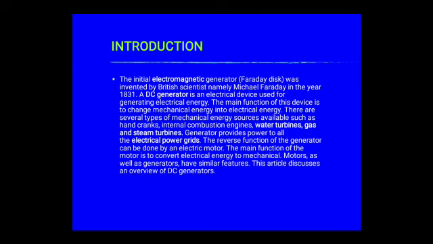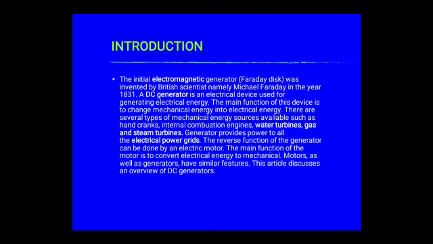Or you can say a DC generator is an electrical device which is used to convert mechanical energy into electrical energy. The main function of this device is to change mechanical energy into electrical energy.